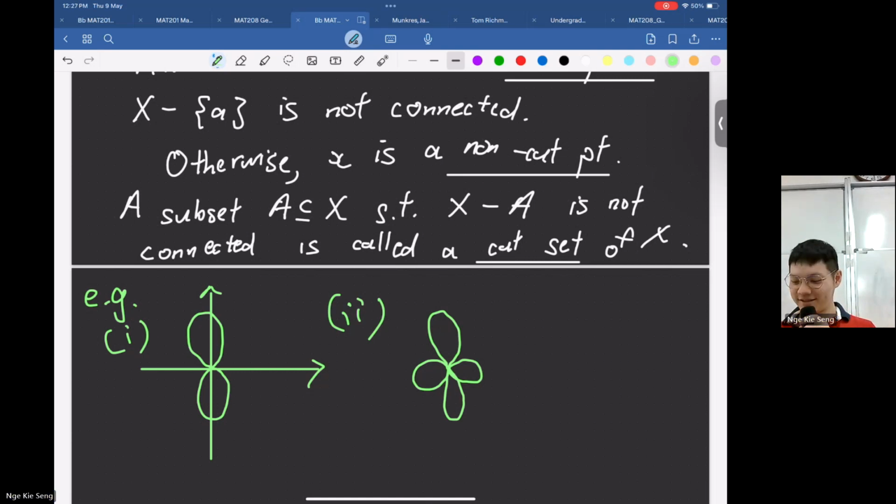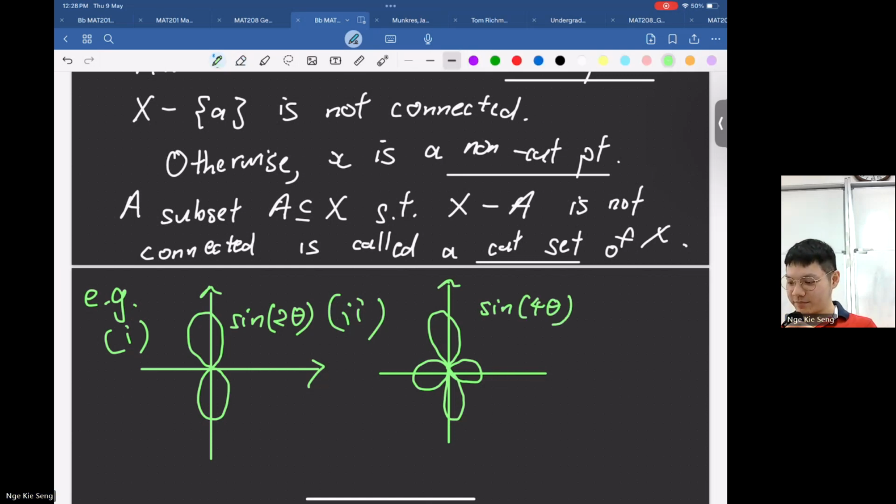You sure? Sine of 2 theta. Okay, maybe you can check it. This one? Sine 4 theta? Okay, I'm not sure. I'll go back and check. Of course, check. Cos, I don't know, but just check it. Yeah, so these are the suggested answers.